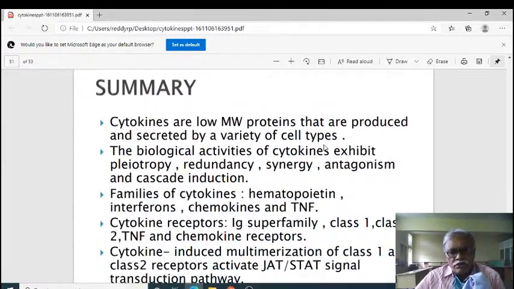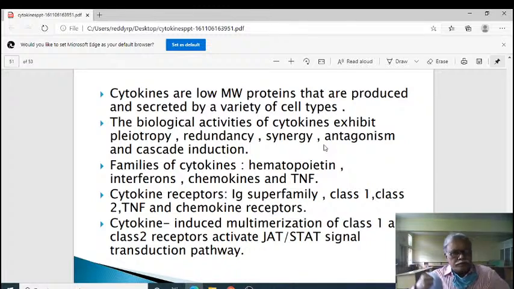In summary, cytokines are low molecular weight proteins that are produced and secreted by a variety of cells. The biological activity of cytokines exhibits pleiotropy, redundancy, synergy, antagonism, and cascade induction.